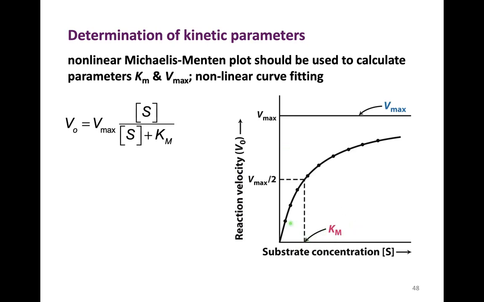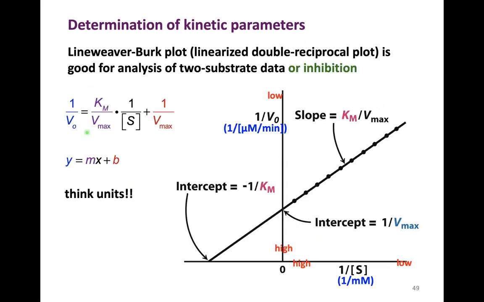That definition is only valid for enzymes that follow the Michaelis-Menten model in describing their kinetics. Okay, well, if you think back, this model was first described in the early 1900s, and of course they didn't have calculators and computers, but it was easy to fit things with a ruler. Okay, so there are a few ways to transform the Michaelis-Menten model into a linear form.